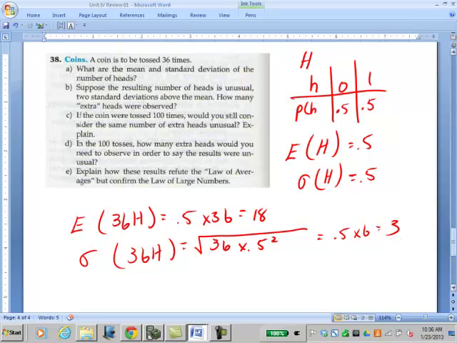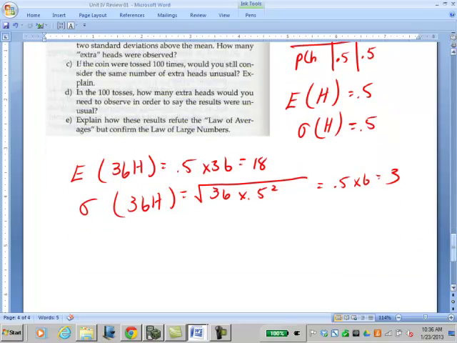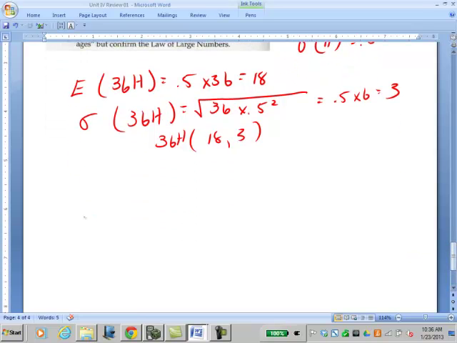So we got the mean and standard deviation for 36 H: 18, comma 3. Now, how many heads are unusual if you go 2 standard deviations? Well, we're going to draw a normal curve. 18 is the expected number.